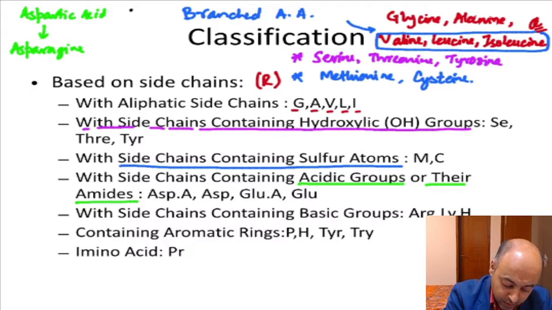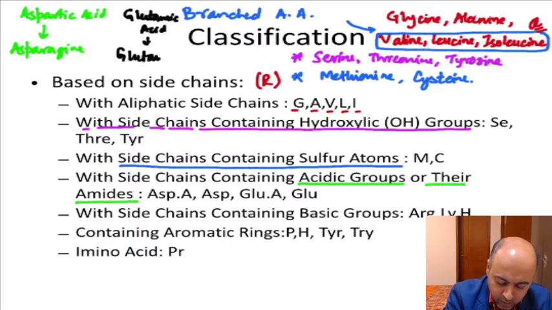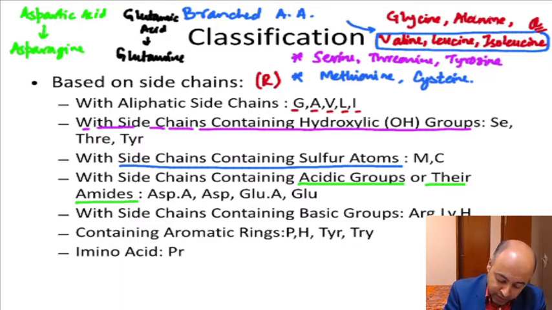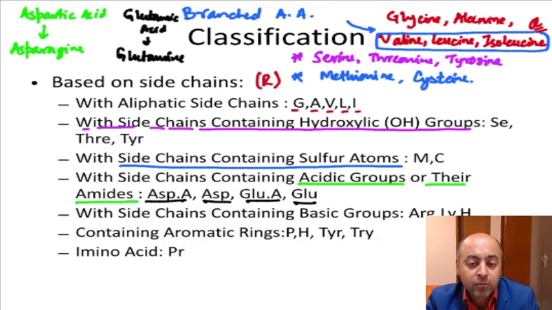Similarly, you have glutamic acid, and this glutamic acid will get converted into glutamine. So these are the names that we have written here: aspartic acid, asparagine, glutamic acid, and glutamine. These are the amino acids either having the acidic group or the derivative of the acidic group, which is asparagine and glutamine.